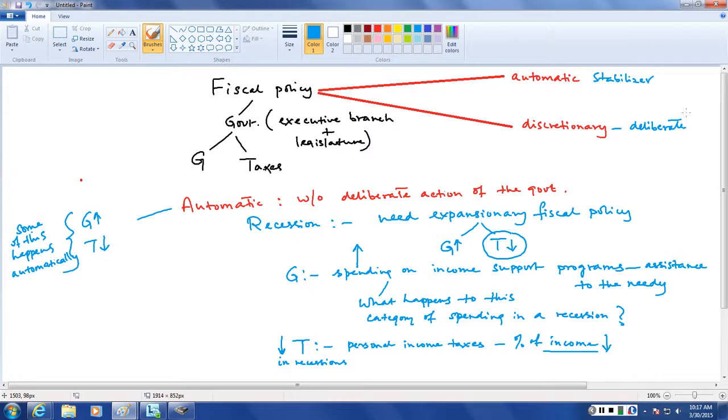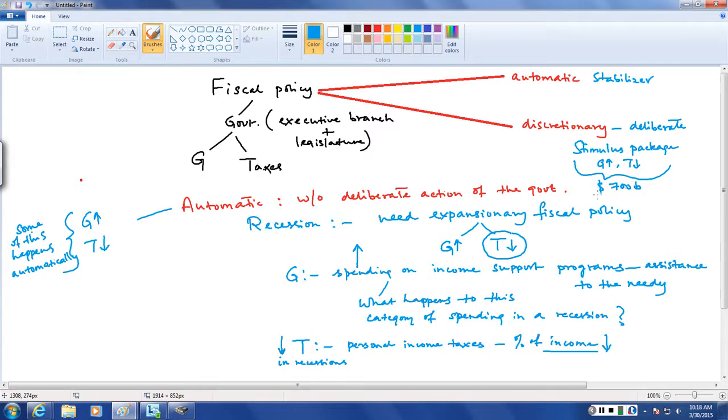Right? Now, during our last recession, the Great Recession, which began around 2007, 2008, President Obama passed a stimulus package. The stimulus package was a combination of rises in government spending and tax cuts, and it was worth about $700 billion.